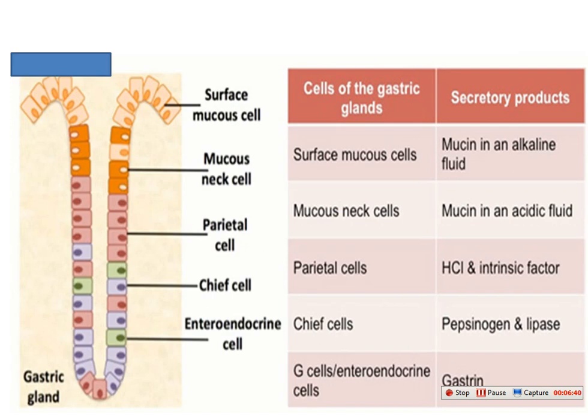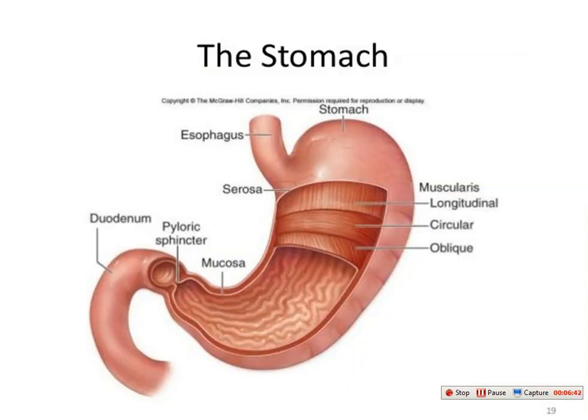So the main functions of the stomach are storing, mixing, digestion, and emptying. And each function occurs in a special region of the stomach. The fundus stores, the digestion mainly occurs in the body and antrum, and the food is taken to the duodenum via the pyloric region of the stomach.